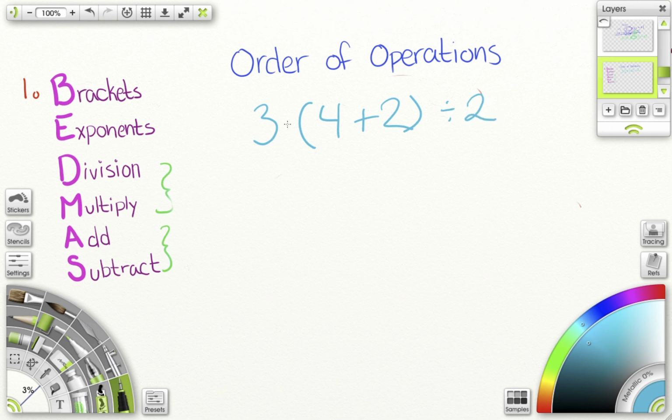If you see a number right beside a bracket like this, but there's no symbol, it means multiply.